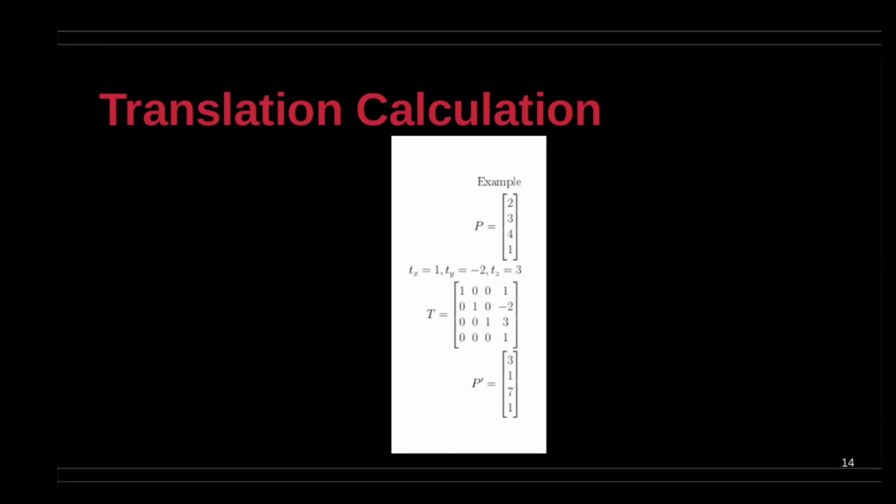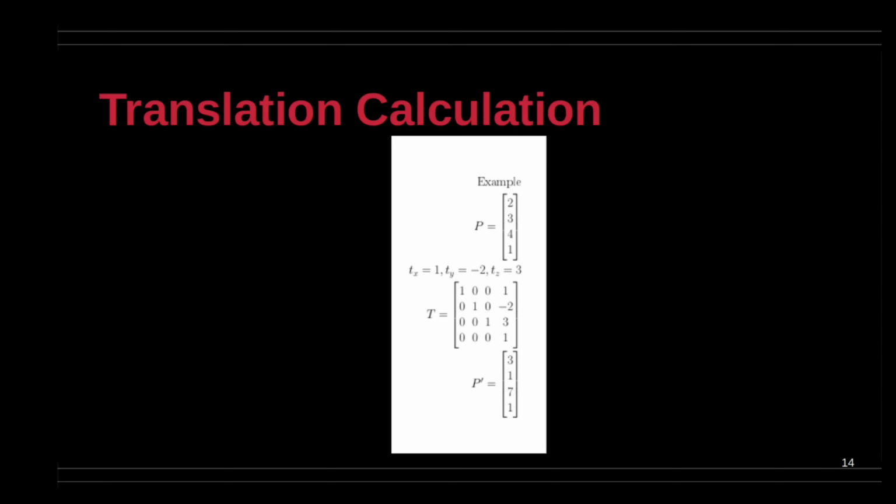In this example, our point P is represented as a vector in 3D space with the x, y, and z coordinate values as 2, 3, and 4 respectively. The fourth element is always 1 to ensure the use of homogeneous matrix operations.